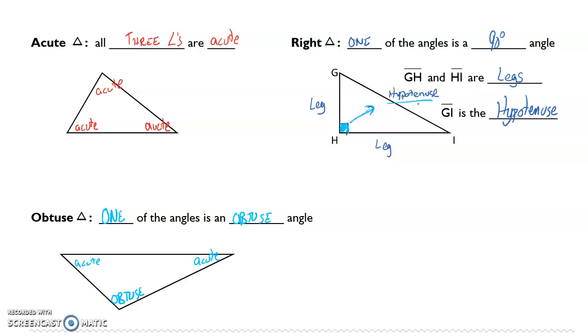So no matter how we rotate or reflect that triangle, opposite is your hypotenuse. The other two sides are called legs. And then in an obtuse triangle, exactly one angle is obtuse, the others are acute. So that's how we define acute, right, and obtuse triangles.